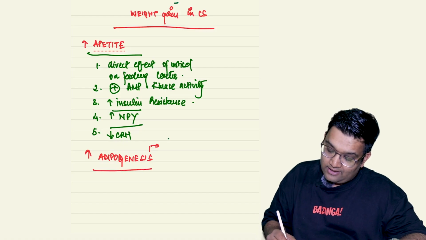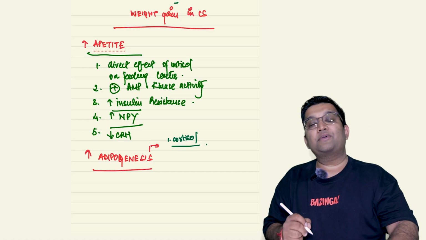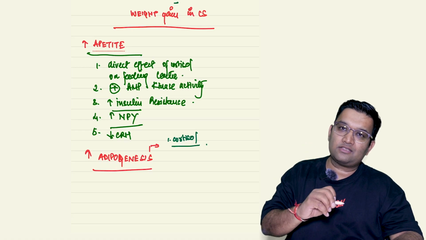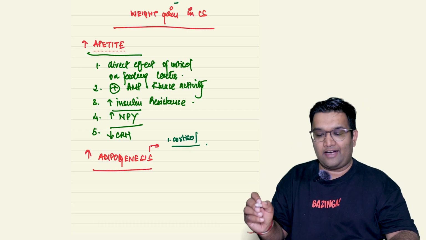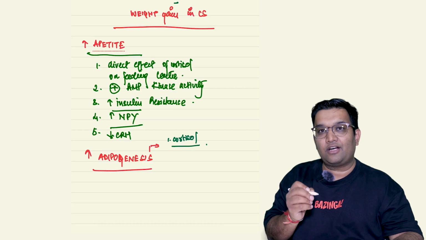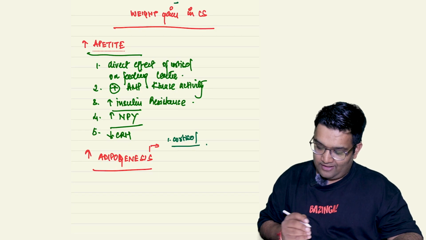One is that cortisol, what it does is, the primitive mesenchymal cells can be diverted towards osteoblast, can be diverted towards adipocytes as well. So the mesenchymal cells are diverted towards adipocytes in presence of hypercortisolemia.